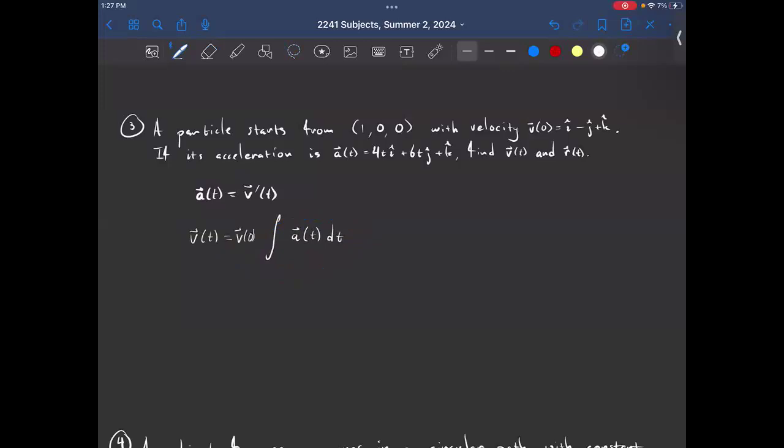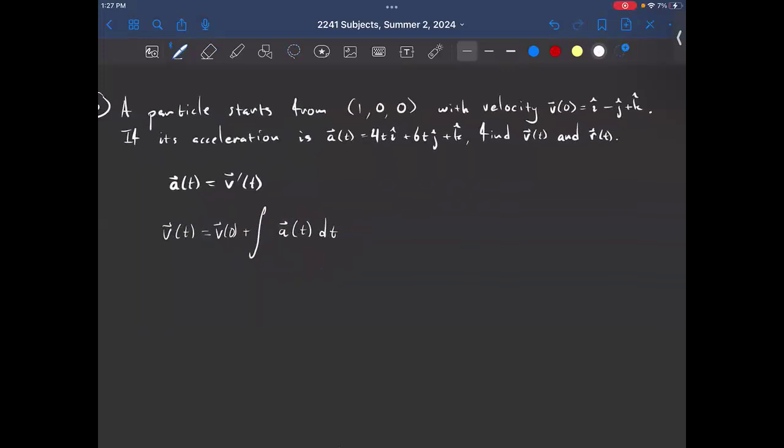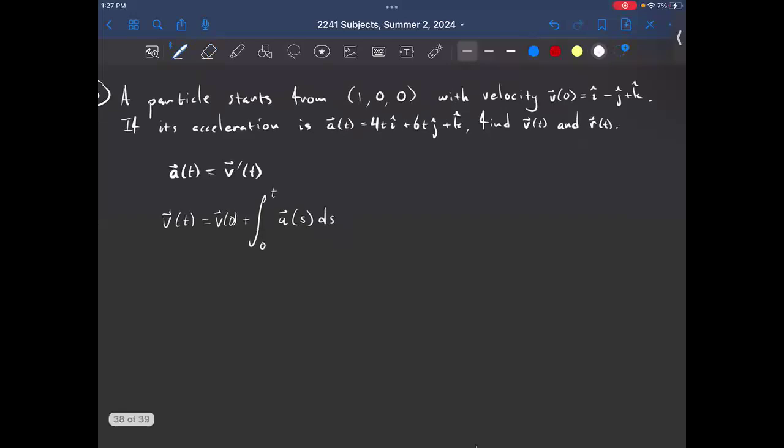And so I'll get v of 0 right here. Okay. And if you don't know this already, there's a trick you can do where instead of finding an antiderivative and then solving for c, you can set your lower bound to the initial parameter and your upper bound to the variable. Change the inner variable, call it s maybe. And now when we do this integral, we get the answer right away because we're given v0. So that saves us having to find c, the constant of integration.